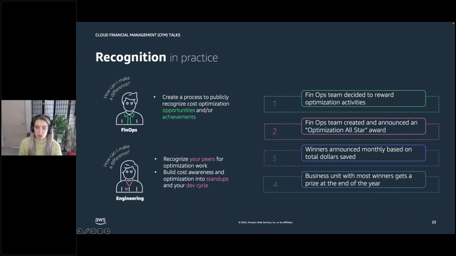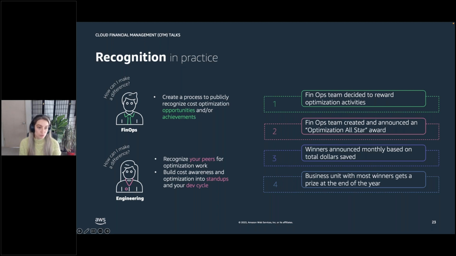Across their business, they chunked everybody up into teams based on which product they worked on and which business they worked in, and then recognized those optimization all-stars throughout the year. At the end of the year, the business unit with the most winners got a prize. That reward went out across the entire department, which was awesome.